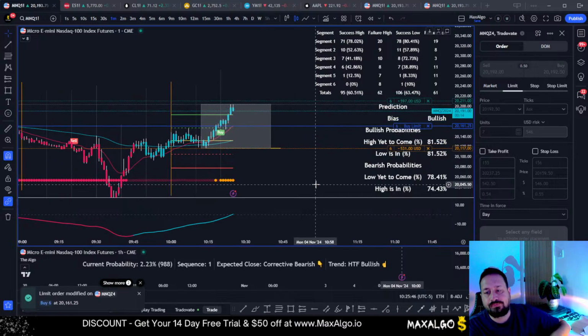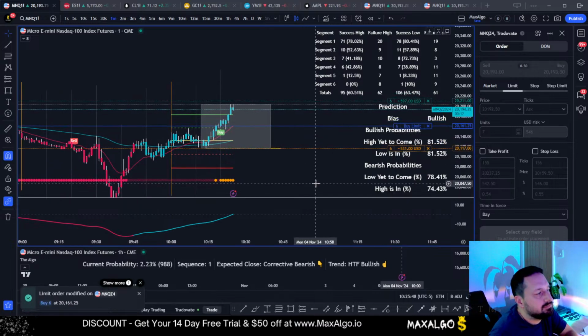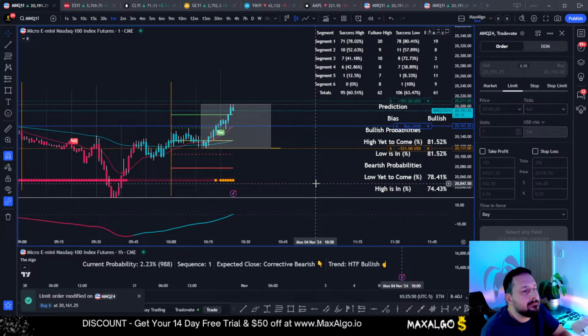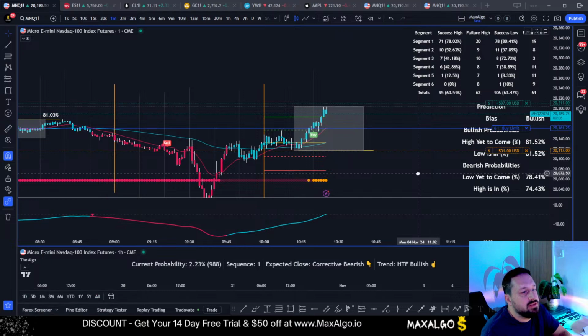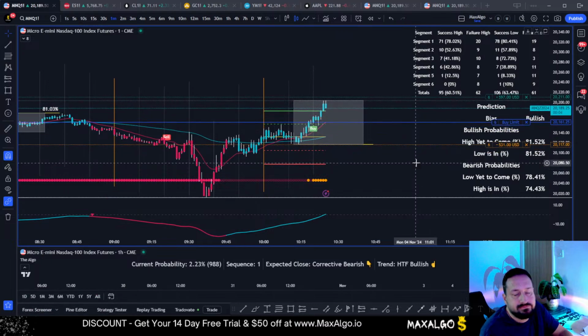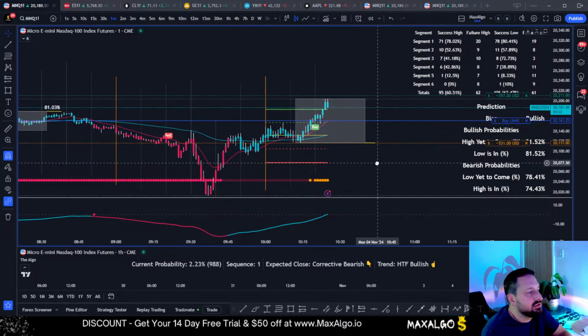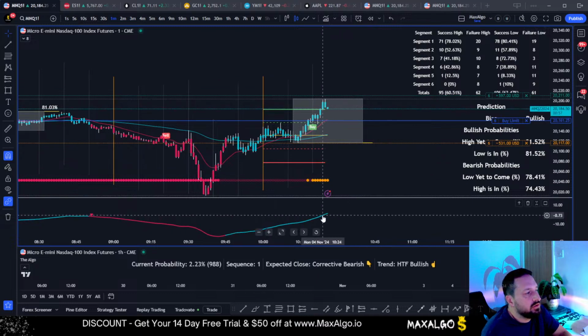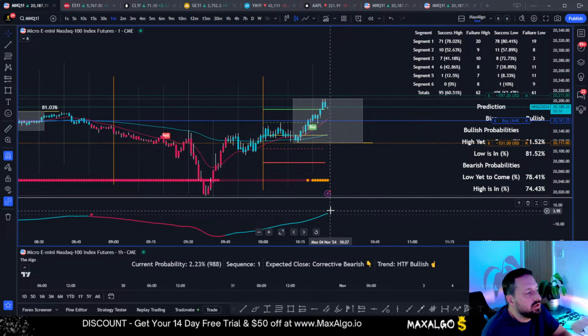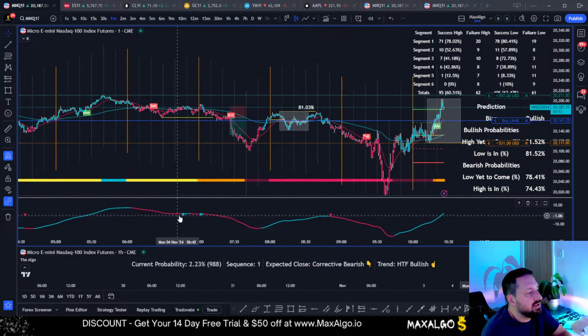So, we still have an 81% probability of another high, right? Not super strong when we cross the zero line. Yeah, think about like this one. That's where we cross and then we drop.